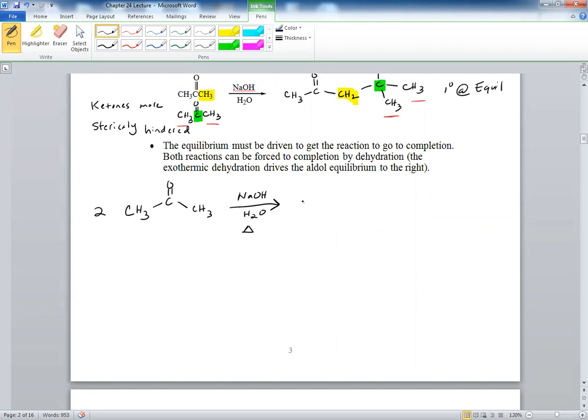Then you're able, believe it or not, with heat, to form 100% conversion. So once again, you need heat. That was the key ingredient here. And you're able to actually produce the dehydrated product at close to 100% rate.